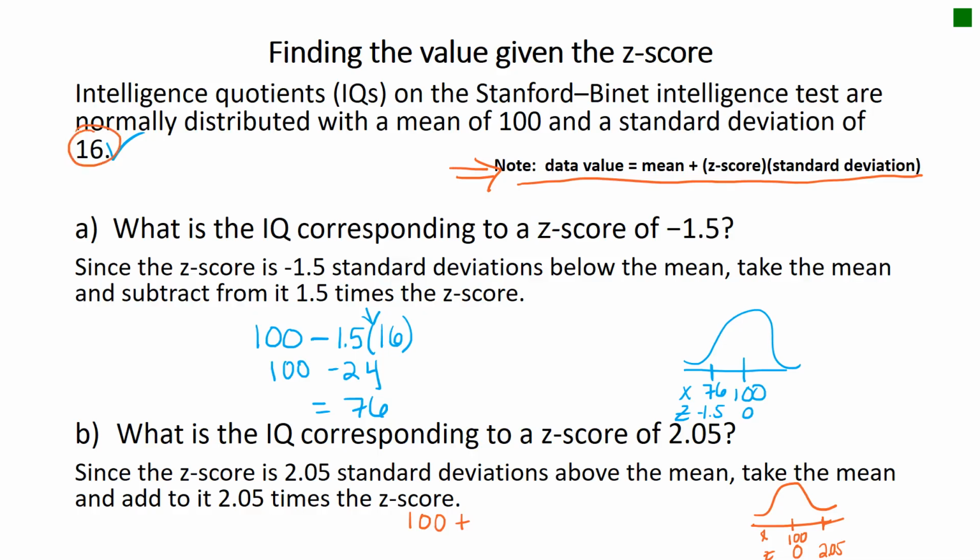The standard deviation is 16, so we do 2.05 times 16. So an IQ of 132.8 is an IQ that's 2.05 standard deviations above the mean. Here we're given the z-score and we want to find the data value, which is the opposite of what we did in the last slide. You could memorize this formula up here or just think about it.